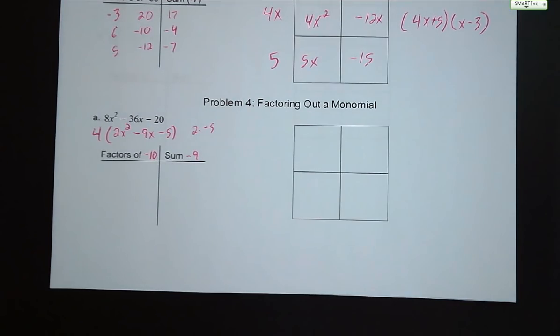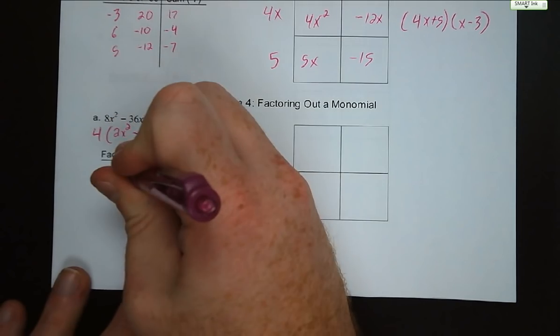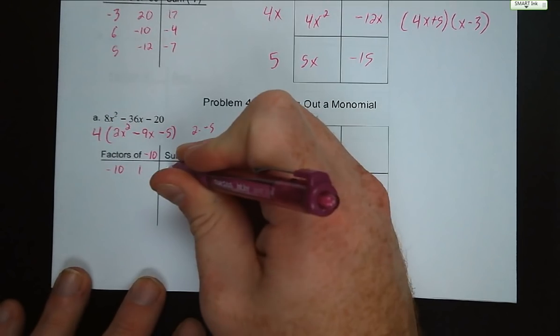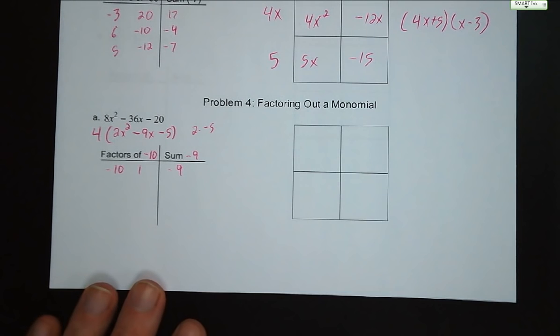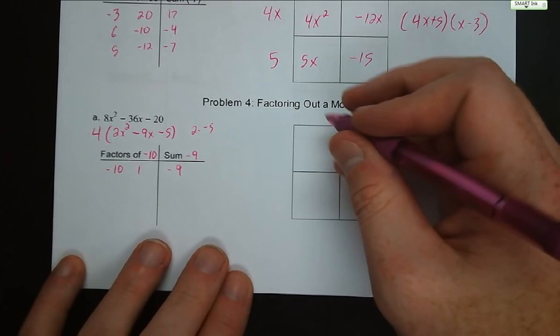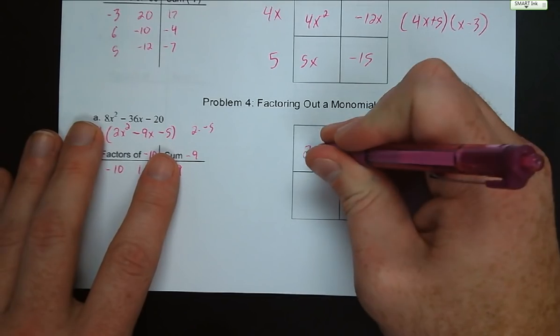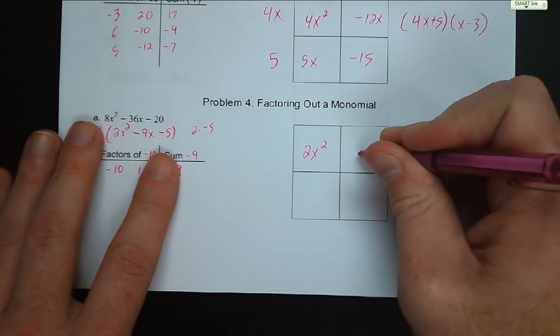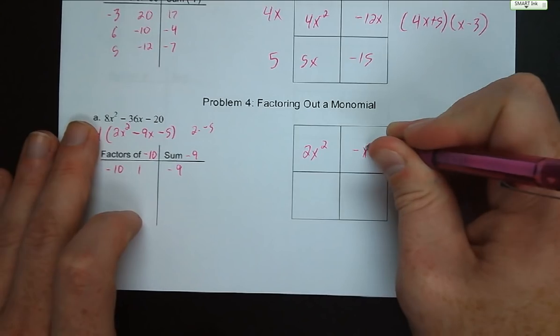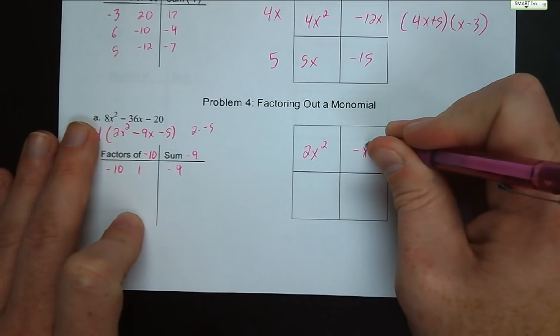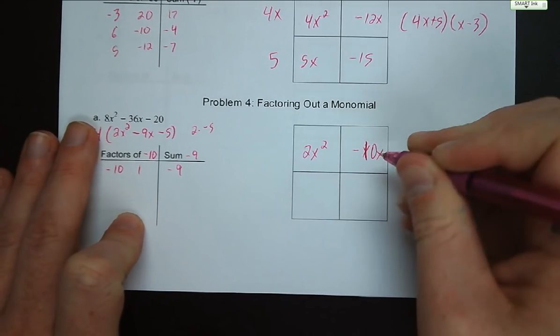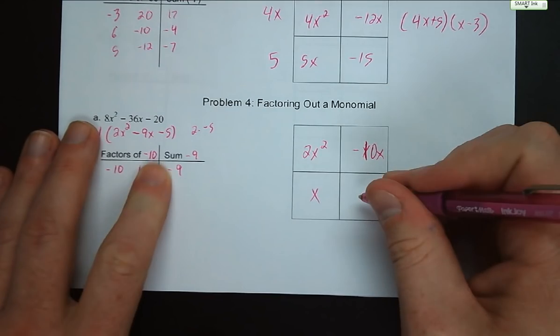So factors of negative 10 that add up to negative 9, pretty obvious. Negative 10 and 1 add up to negative 9. So over here, we're going to ignore the constant that we've pulled out. So we put in 2x squared. We have minus 10, sorry, that'll be minus 10x. We have an x, and we have negative 5.